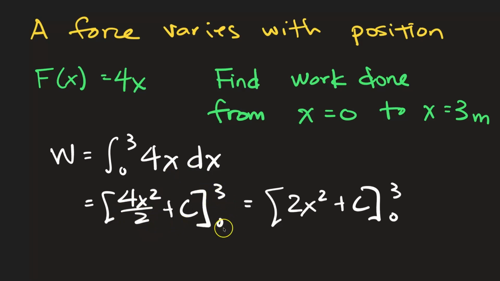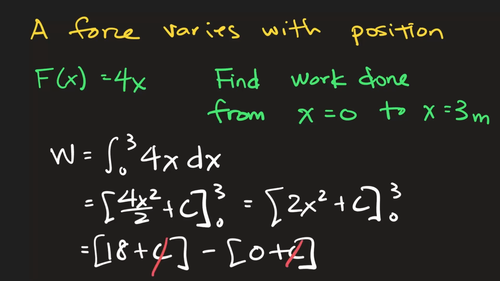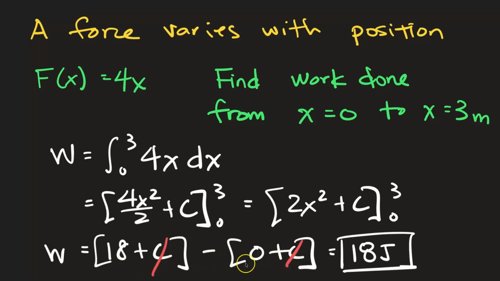Notice we're going to write down our lower and upper bounds right next to the bracket here, and we can simplify our equation to 2x squared plus c, and then outside our brackets we have a lower bound of 0, upper bound of 3. Substituting 3 for our variable, we get 18 plus c minus, and then substituting 0 into our variable, we get 0 plus c. Notice that the c's cancel out. That leaves us with 18 minus 0, and we get 18 joules.